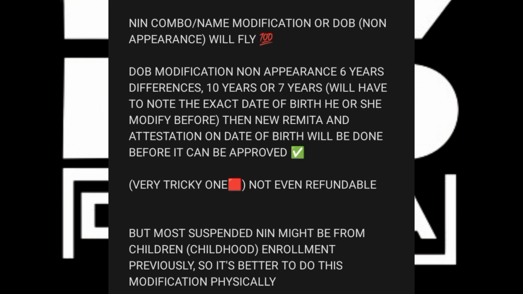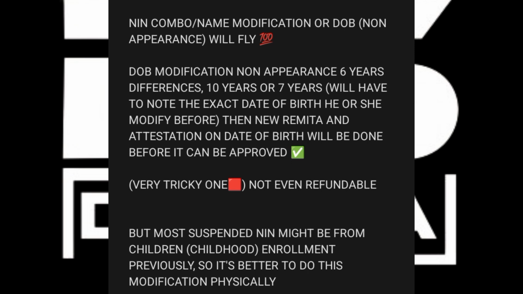There's a tendency that if it gets suspended, you will have to know your old date of birth, I mean your original date of birth that you changed to the new one. Because remitter fee and attestation will be done on your behalf before the DOB can be filled, and you thumbprint and do everything.